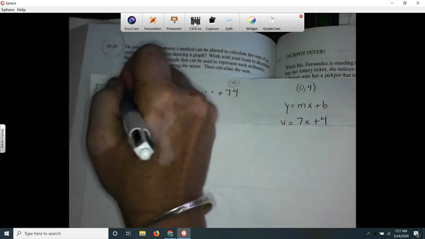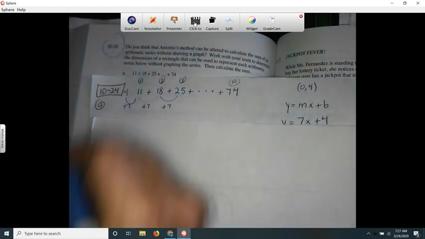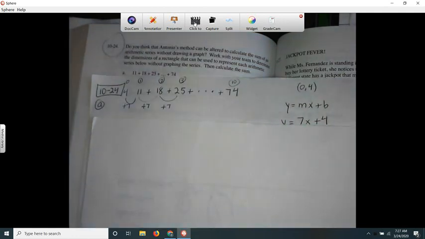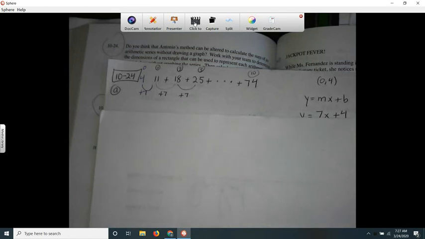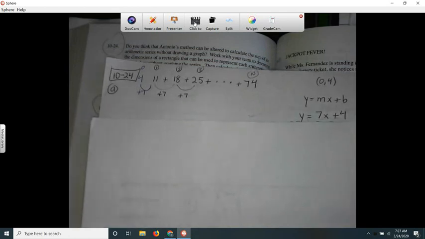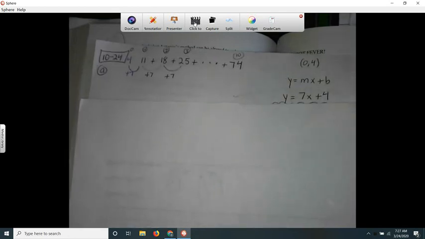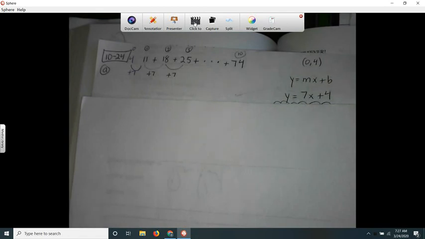Okay, so that's b. That's the 0th term. And then I know that the slope is 7 because it's adding 7 every time. Okay, this should work for any term that I want of my sequence or my series.